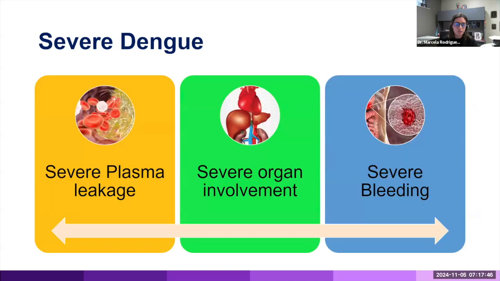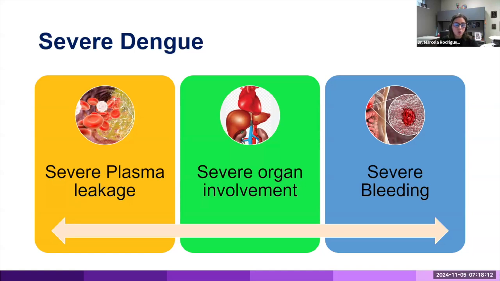During this critical phase, we can have severe dengue, which can happen in 5% of clinically apparent cases. Severe dengue has three different modalities of presentation. One is severe plasma leakage that can be represented clinically by shock or fluid accumulation with respiratory distress.